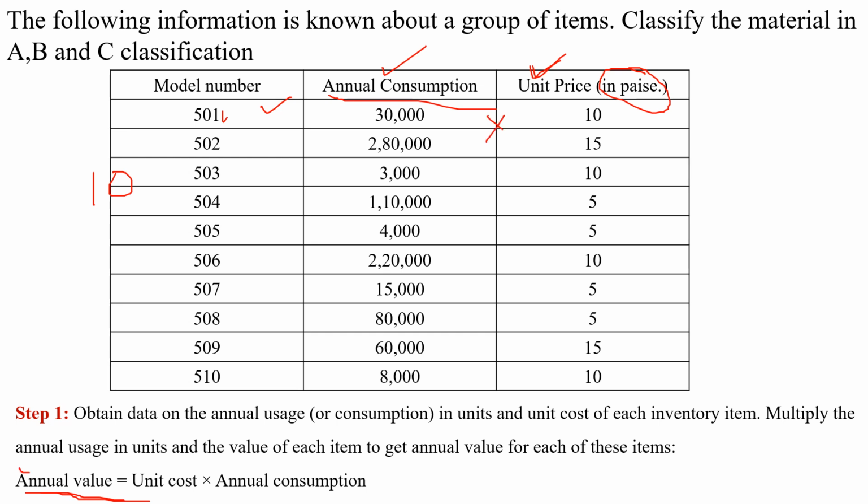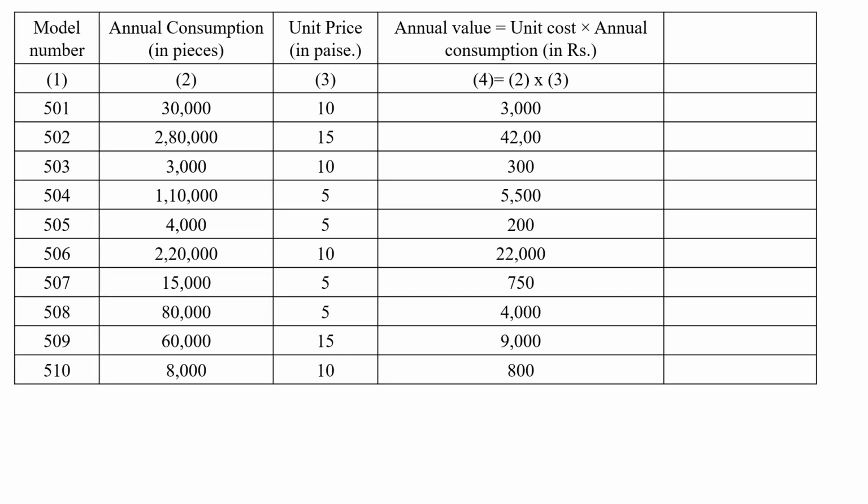In the tabular column, the model numbers 501 to 510 are given, along with the annual consumption, the number of units or pieces, item-wise and model-wise, and the unit price in paise. Next we have to determine the annual value, which is nothing but unit cost into annual consumption.